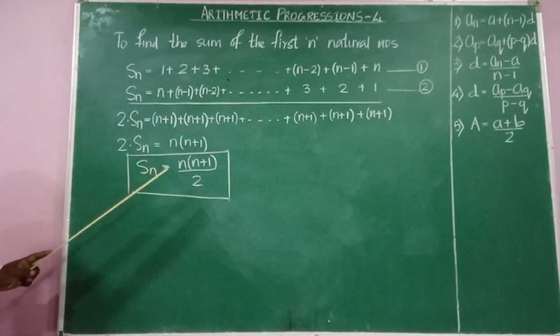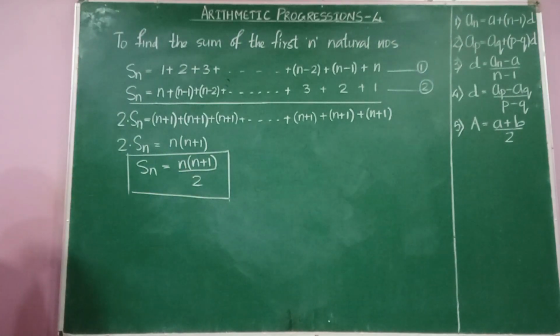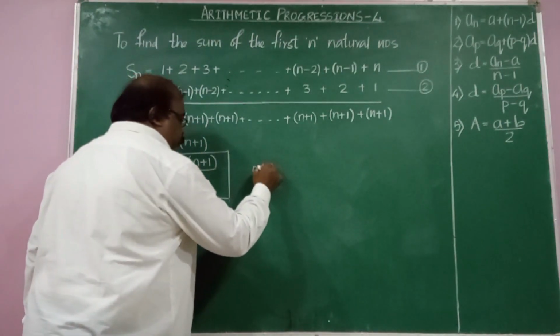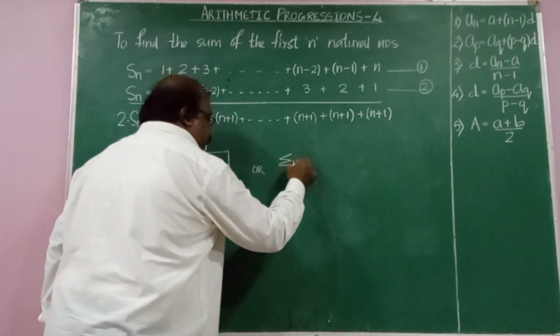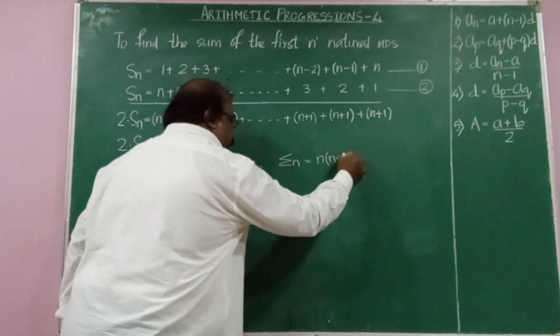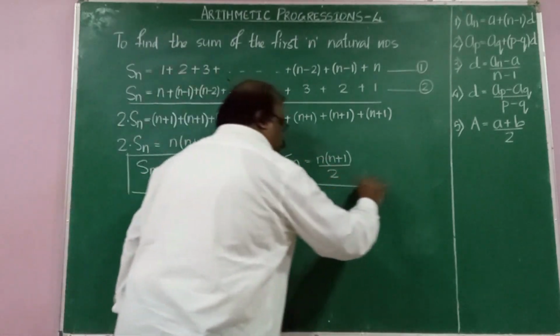This formula can also be represented as sigma n is equal to n into bracket n plus 1 upon 2.